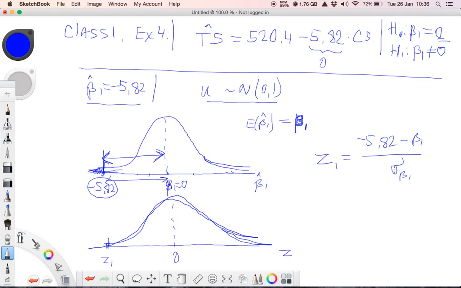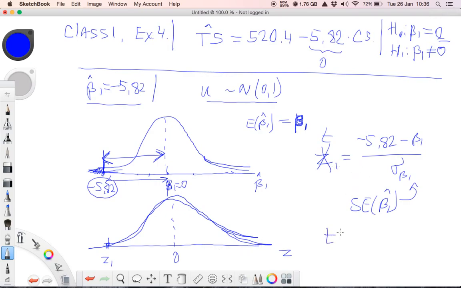But we don't have this. What we have is the standard error of the regression coefficient. We can replace this with that. If we do that, this will not be z, but it will be t. That's why we usually call this a t-stat. We calculate the t-stat.